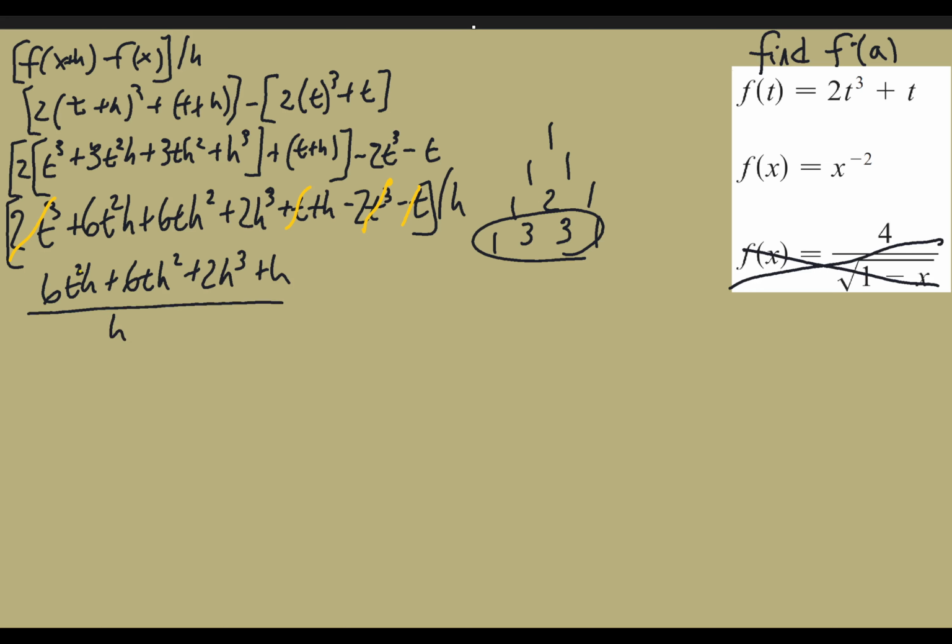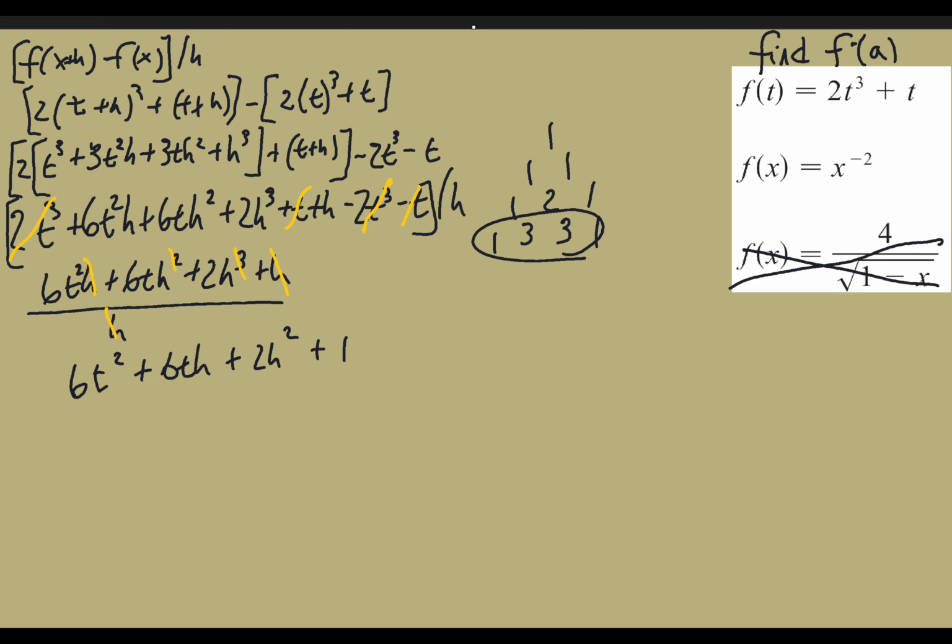So of course you can see an h is going to cancel out of each one of these. And so we will get 6t squared plus 6th plus 2h squared plus 1. And it's not divided by anything.